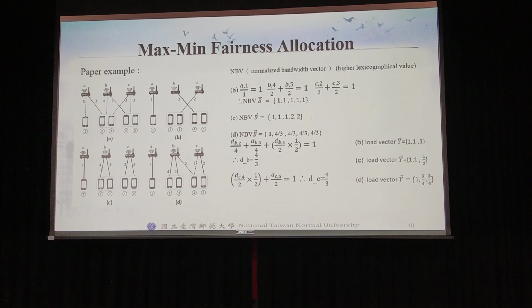Rate is 2. And according to those answers, we can find the NBV. NBV is a normalized bandwidth vector, and it is sorted in lexicographical order, meaning from high to low. According to NBV, we can find the load vector.